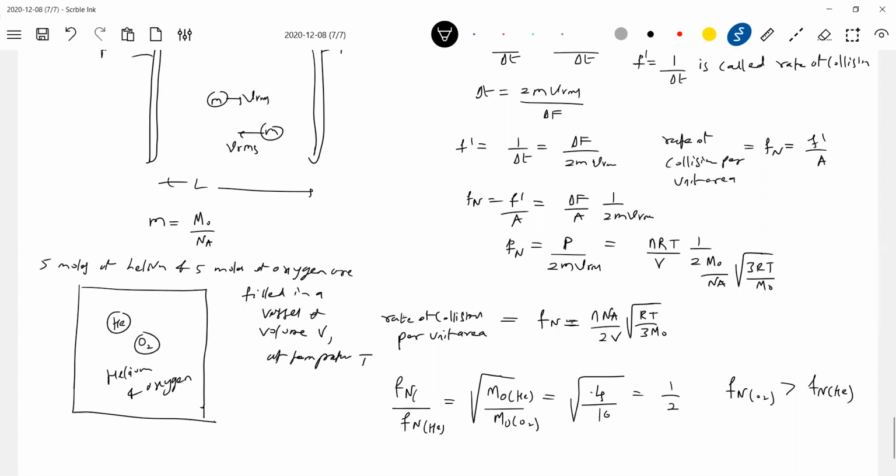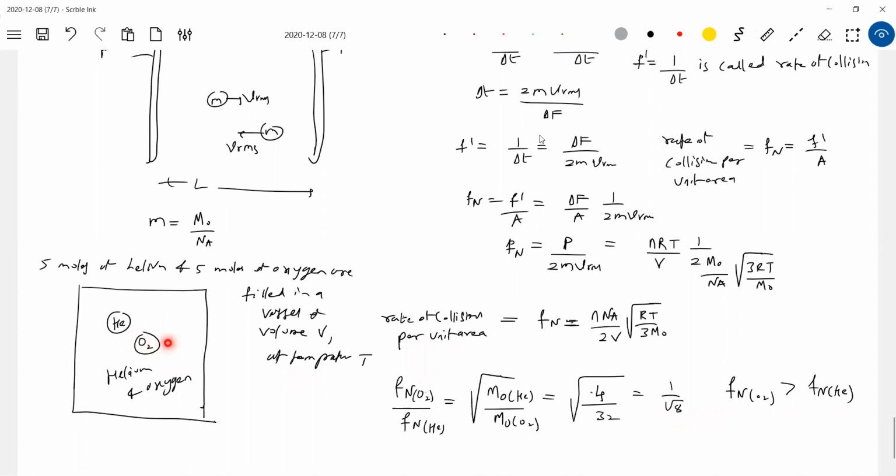Molecular mass of oxygen is 32, nitrogen 28, both diatomic gases. So whenever you get a mixture of gases, we are able to say what happens inside the container.